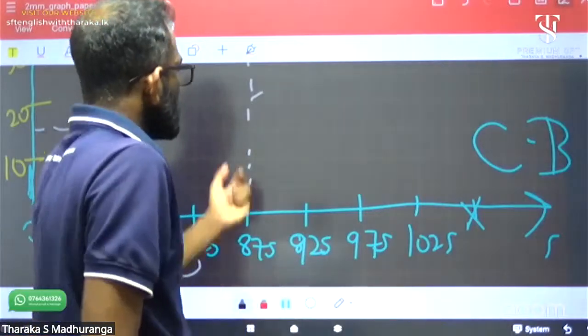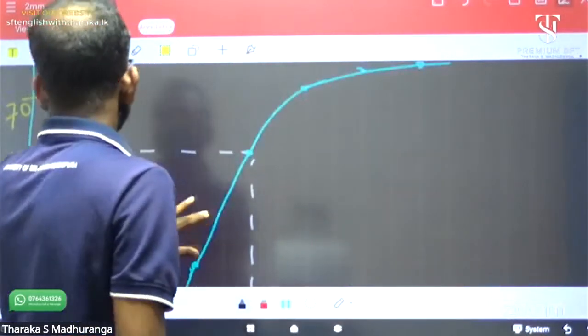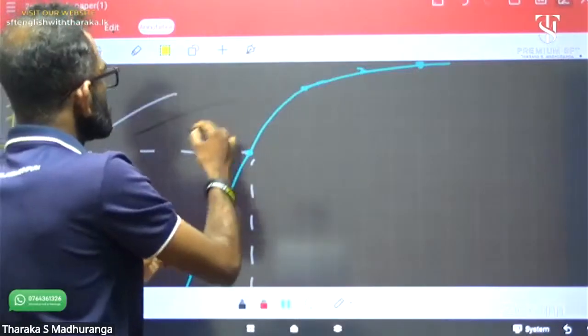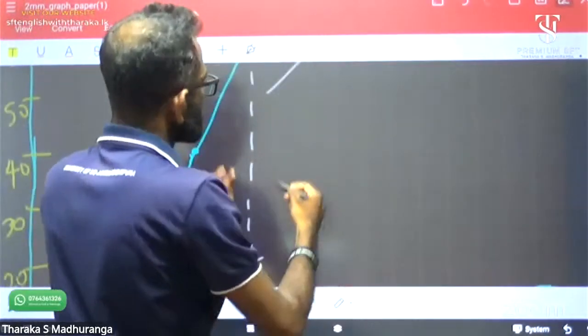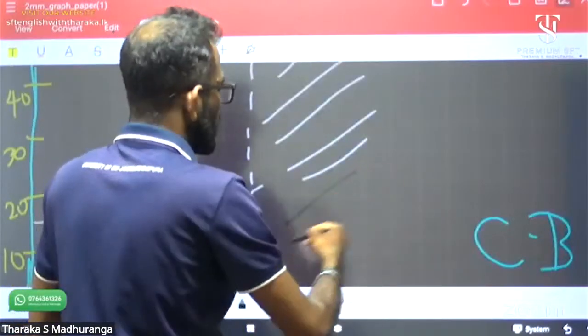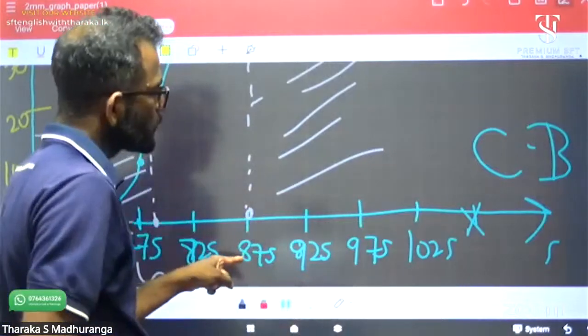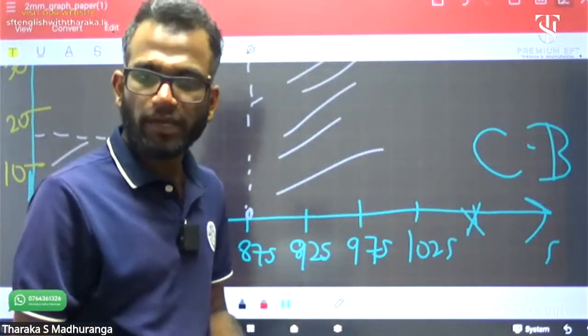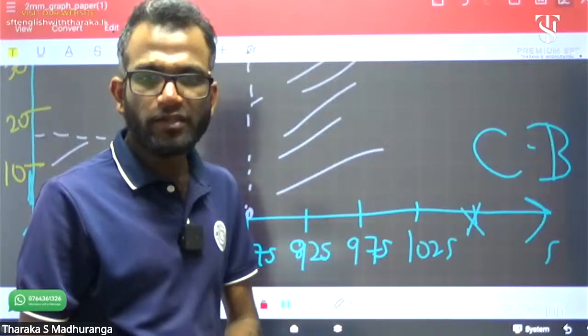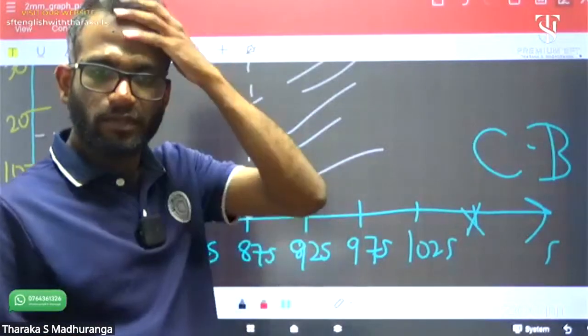Now you have to calculate this is the maximum. This is the maximum 20%. The question asks maximum 20%, least weight. This is a point. I think in your graph also it is 875. Am I correct? 875. Isn't it?